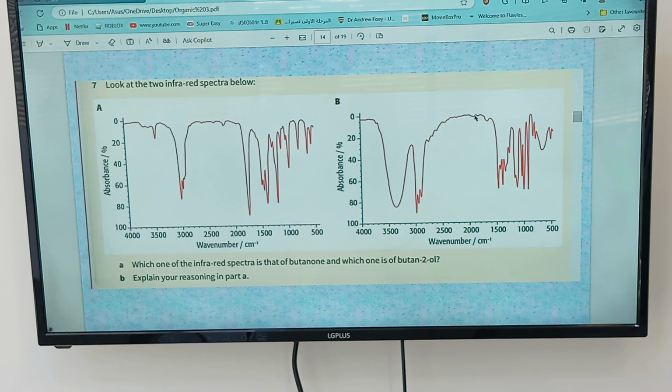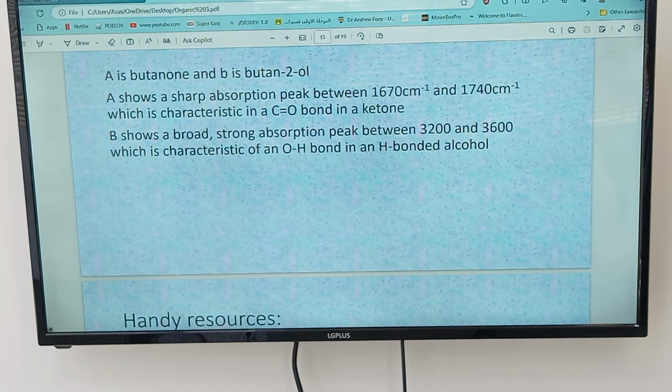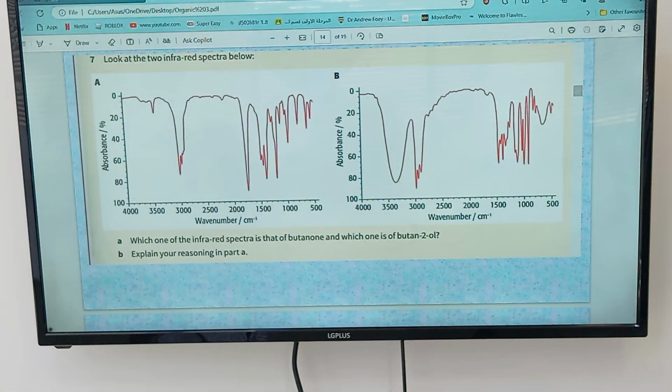It's referred to the connection between the carbon and hydrogen and oxygen and hydrogen from here to there. While butanone is between 1730.